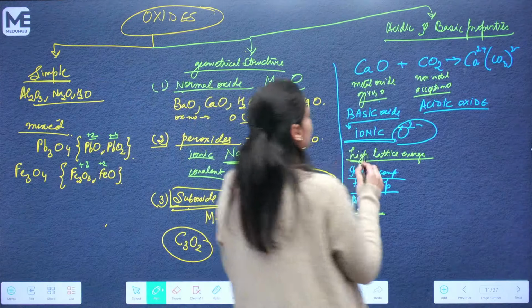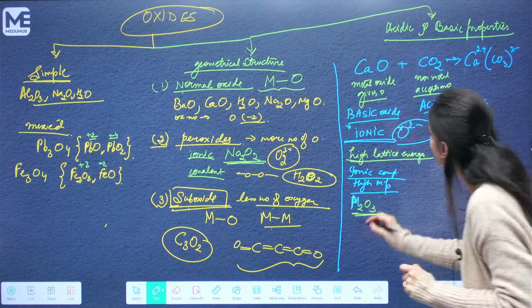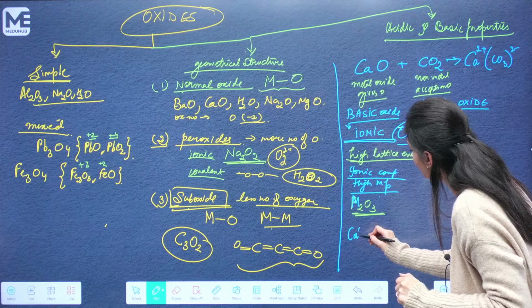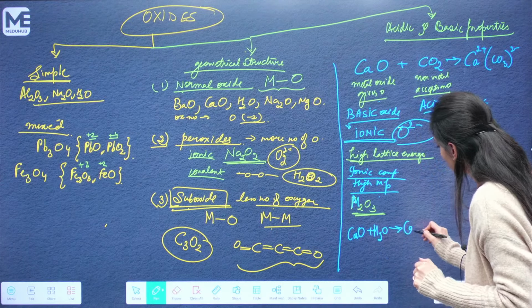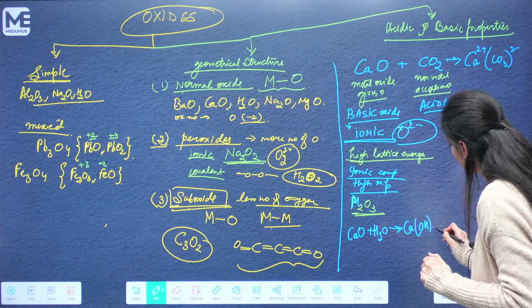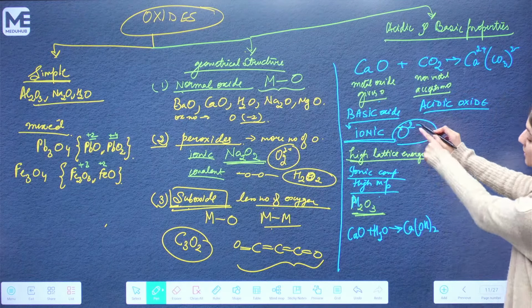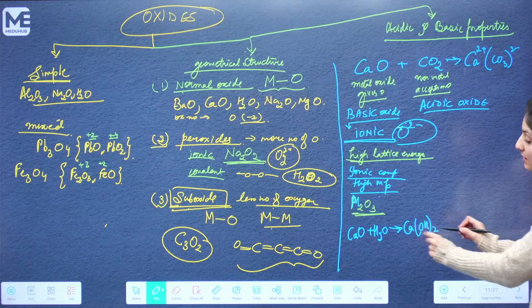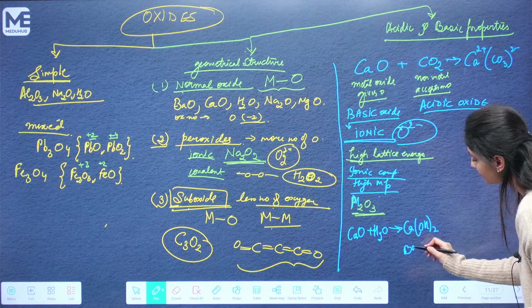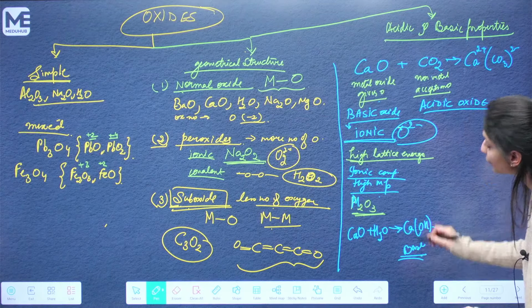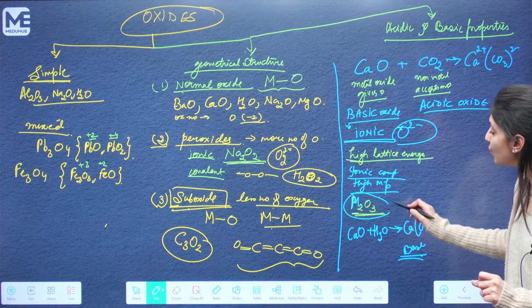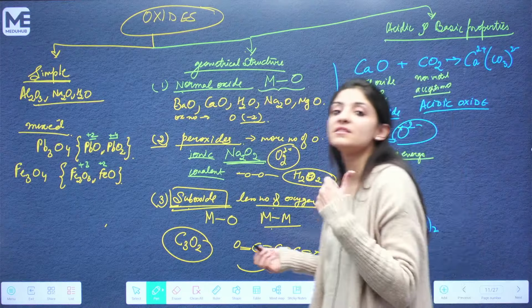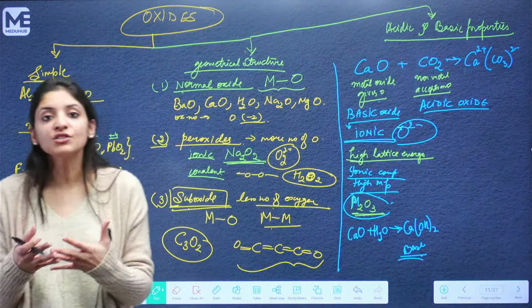All these basic oxides like calcium oxide on dissolving in water give a base, calcium hydroxide. The O2- species in water gives us OH- and a base is formed. This is true for all the basic oxides. But some metal oxides like M2O3 do not dissolve in water. In such cases, they react with acids to give us salts.